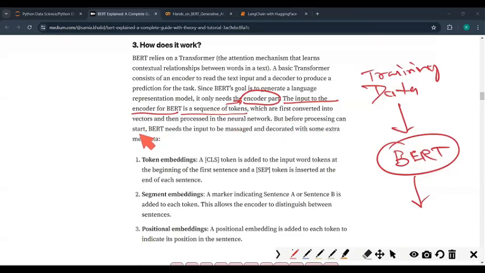But before processing can start, BERT needs the input to be massaged and decorated with some extra metadata. So it is saying that before BERT can start learning the given input statement, it will add something more to the tokens. Correct?